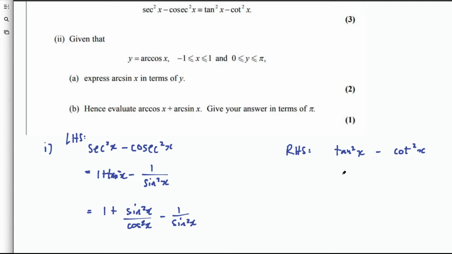That's my general strategy. So this is sine squared x on cosine, take cosine on sine. Yeah, that doesn't help much.